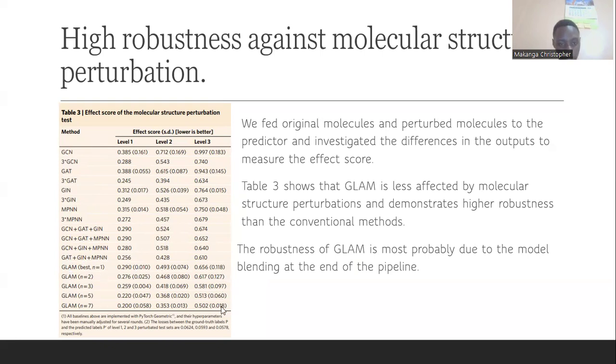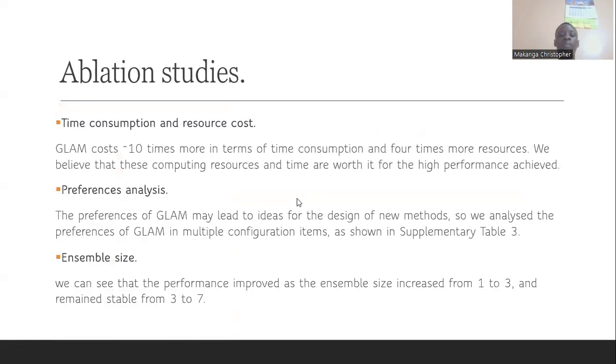As the table shows, GLAM performed better than all the other traditional methods, and the authors concluded that the robustness of GLAM is most probably due to the model blending at the end of the pipeline, where the best predictors are blended together to form one predictor. That's where GLAM outshines the other methods.